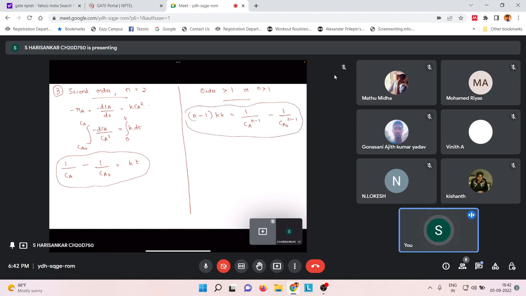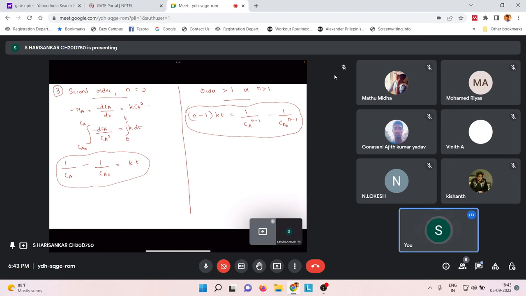Okay, so this is the general form of any rate equation with order greater than 1. Because if order is 1, this n minus 1 will become 0, and Ca raised to 0 and Ca0 raised to 0 will be 1, and the right hand side will be 1 minus 1, 0, and the left hand side also n minus 1, 1 minus 1 will be 0. So for any order greater than 1, we can use this general equation and we can find the corresponding rate equation of that given order.